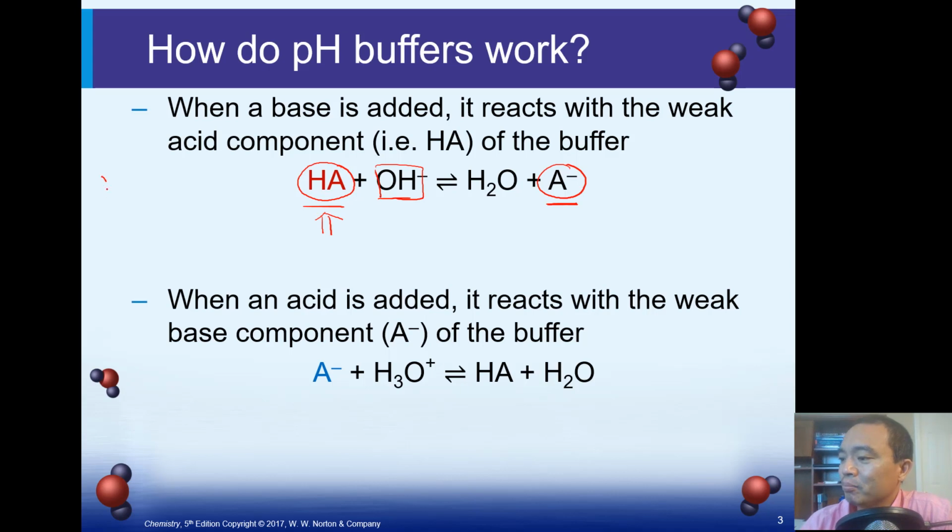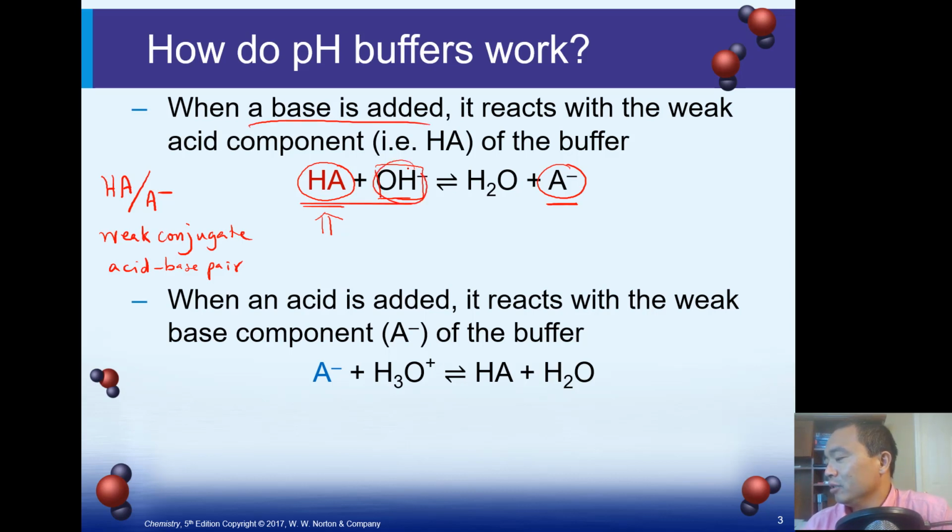Do remember, a buffer is a conjugate acid-base pair, but it's a weak conjugate acid-base pair. When a base, for example, NaOH, is added to the system, it's going to react with the HA, or the acid component of the buffer.